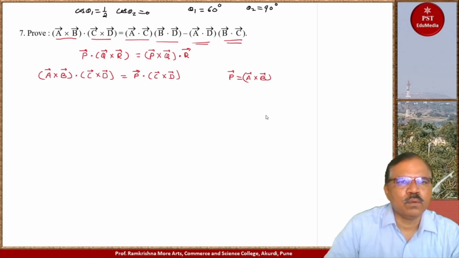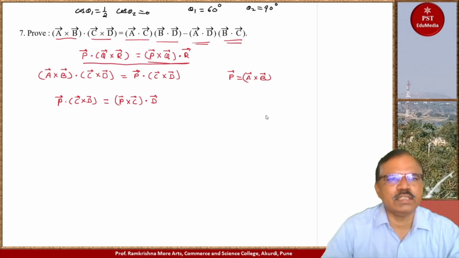So here now P dot C cross D will be equal to P cross C dot D using this identity.